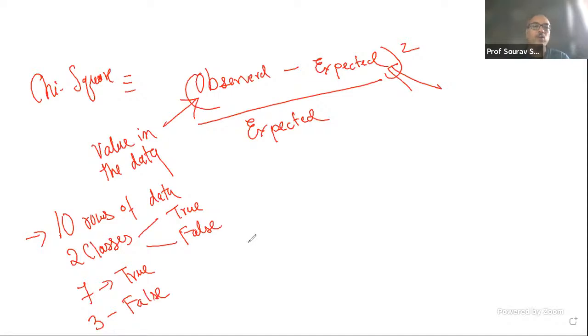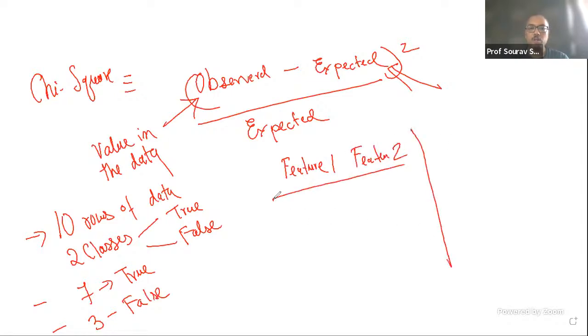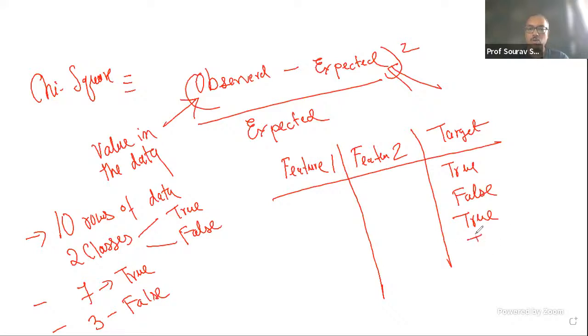So my observed values will actually pertain to the features: feature 1, feature 2, and let's say the target. As I said, true, false, true, true, true, false.